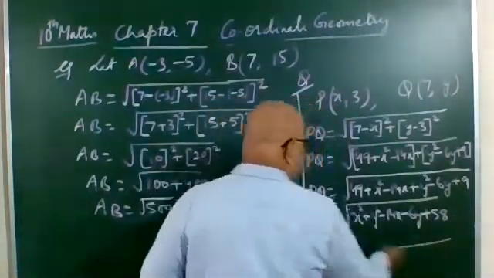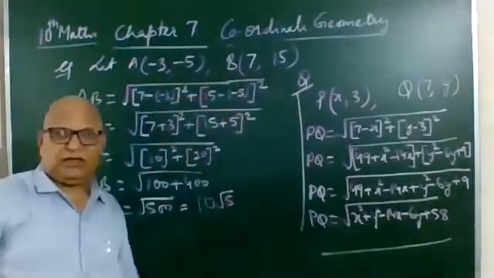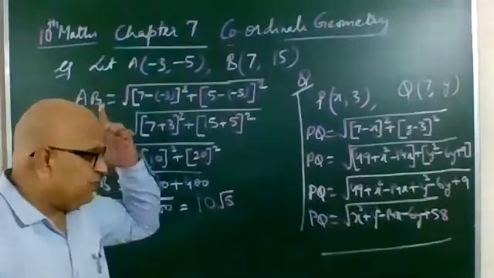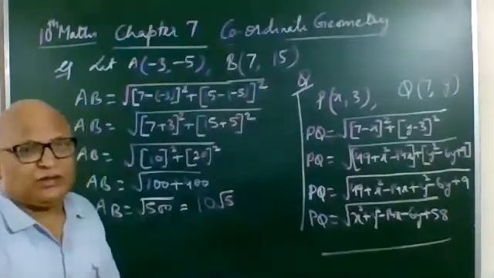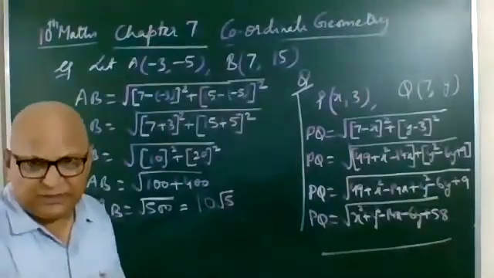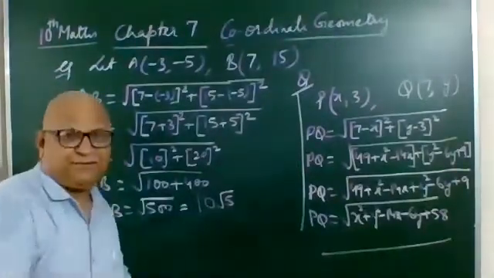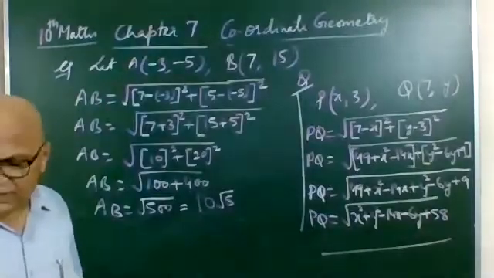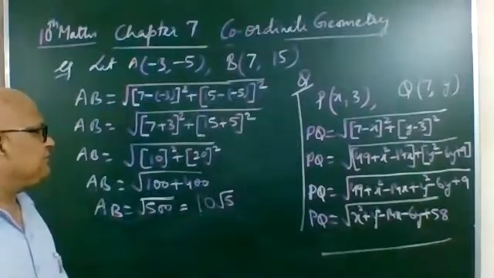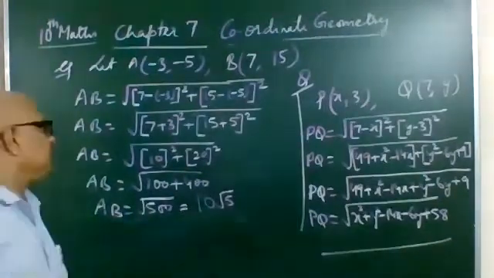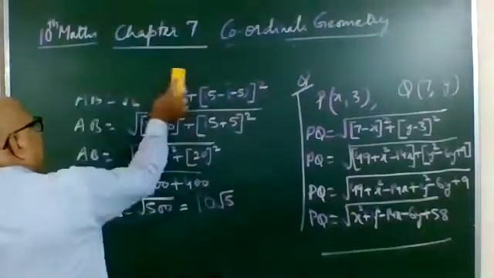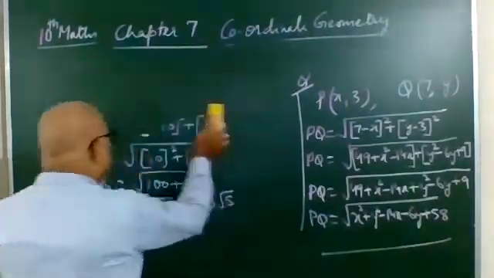This is how you have to find out the length of it. This is only the example I have given you, with P, Q and all. So this is the method to apply the distance formula. After the distance formula, what comes? That is, now these 2 points I have given. Sometimes it is said that 3 points are given to you.